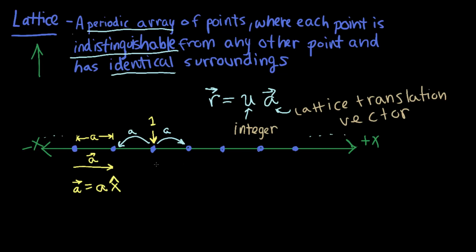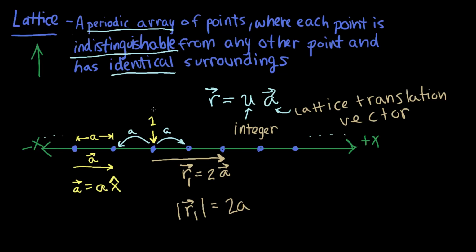So let's do some quick examples of this. I could draw this vector. Let's call that R1. R1 is 2 times A, the lattice translation vector. The magnitude of R1 is simply 2A.